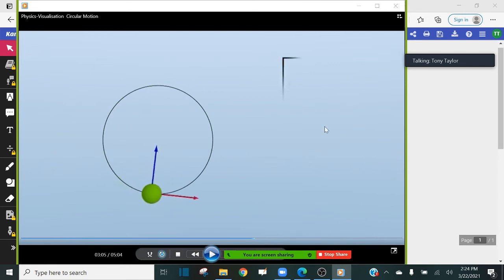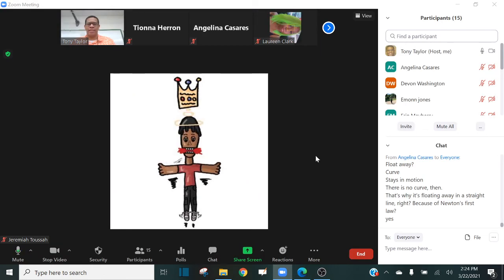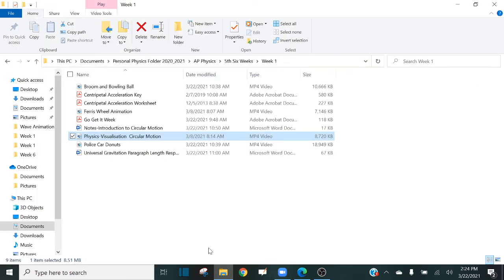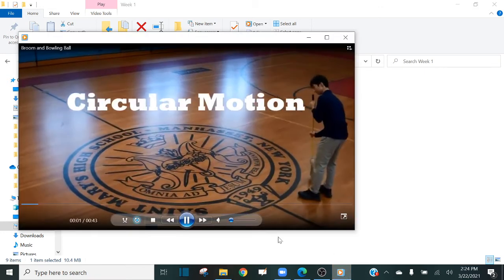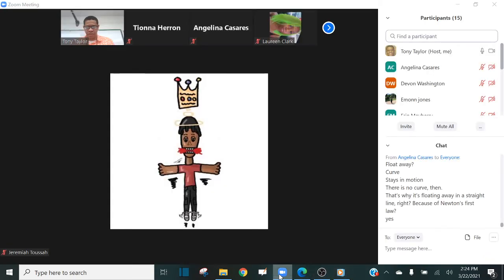And guys, I want to prove this to you. I'm going to show you another clip that proves that for any object moving in a circle, the force acting on that object is always pointed toward the center. Look at this video clip that I'm about to put on. Let me go ahead and share my screen again.